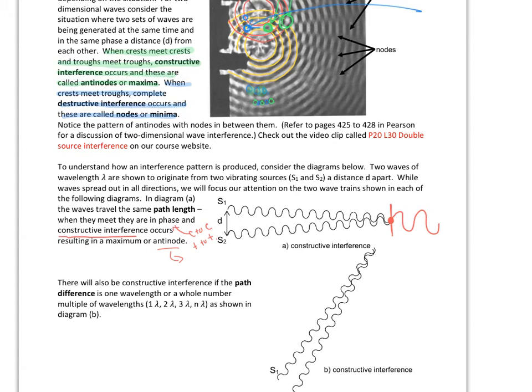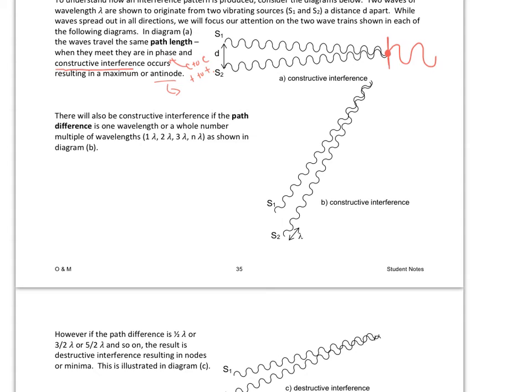In our second example, if the path difference is one wavelength or a whole number, we can also have constructive interference. So this wave has started one wavelength before, and then they continue on in the same fashion, with the same number of wavelengths afterwards.